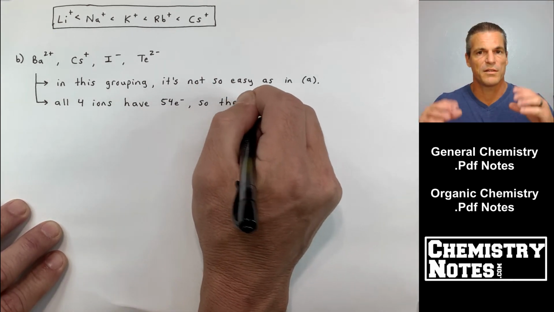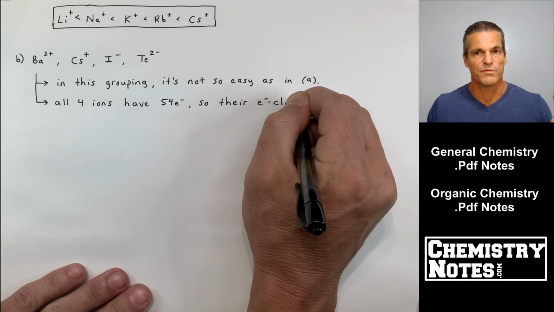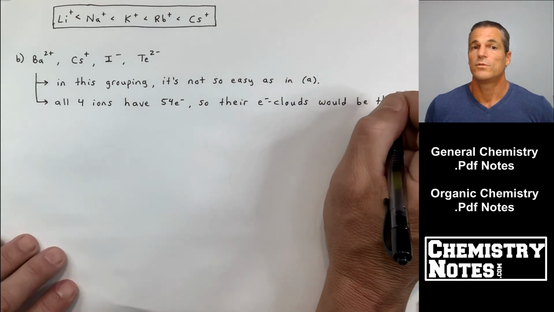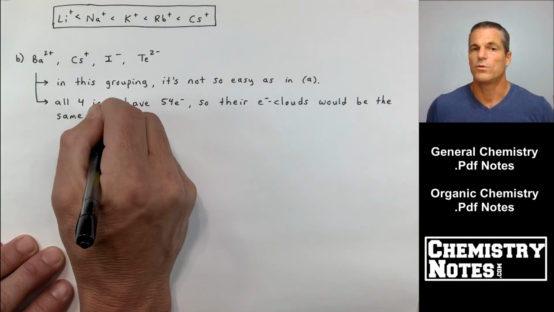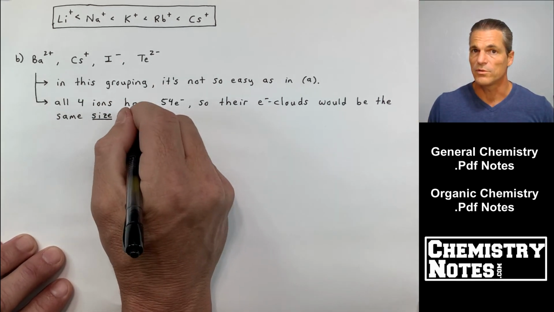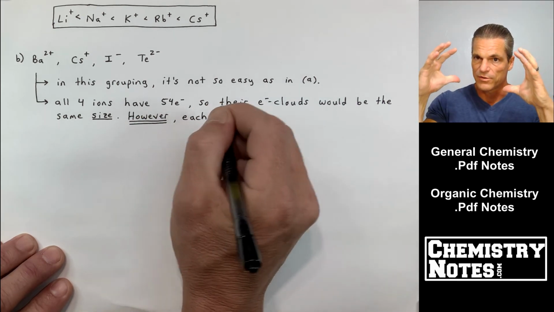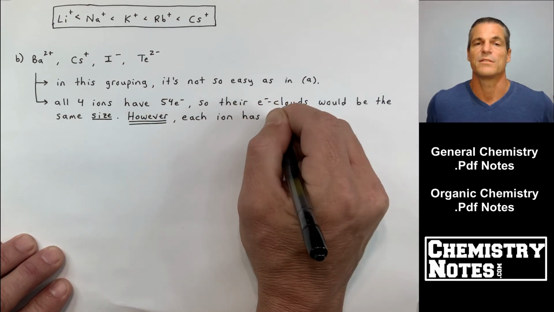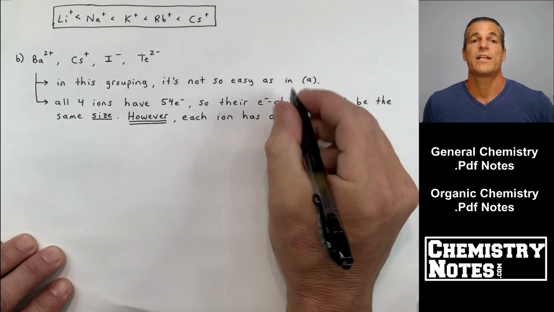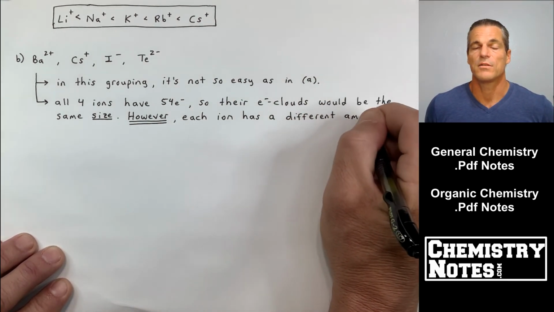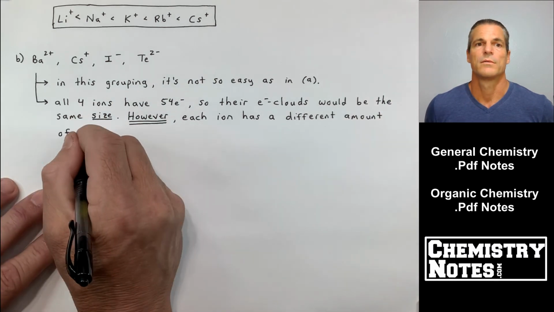So you would think that the electron cloud is the same size for all of them because it's got 54 electrons. Well, who's the better magnet? In other words, whose nucleus has the most protons? The more protons in the nucleus, the better magnet you are at pulling those electrons in. So that's what we need to take a look at. So who has the largest atomic number?